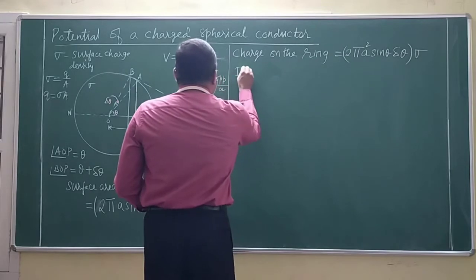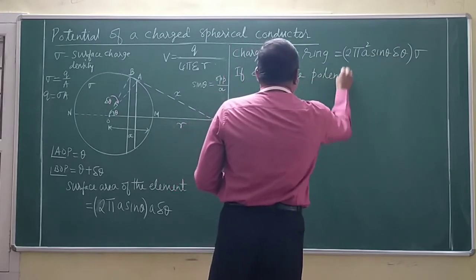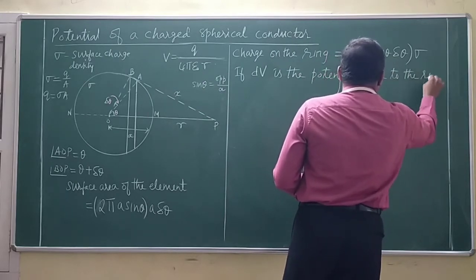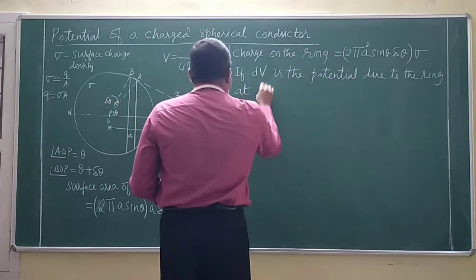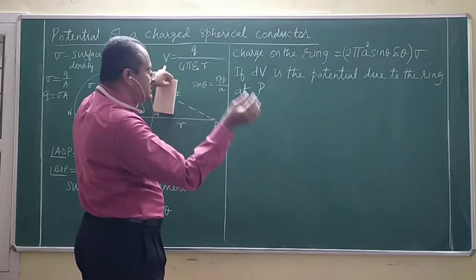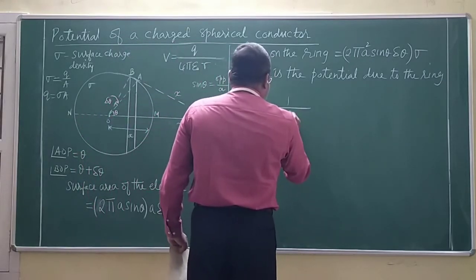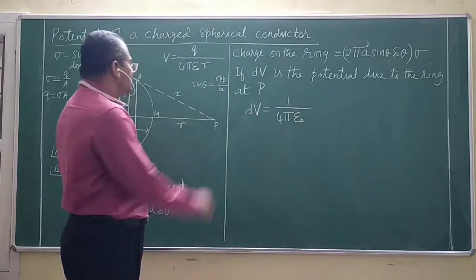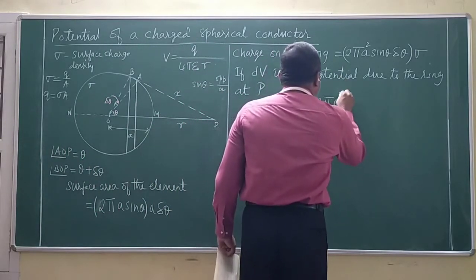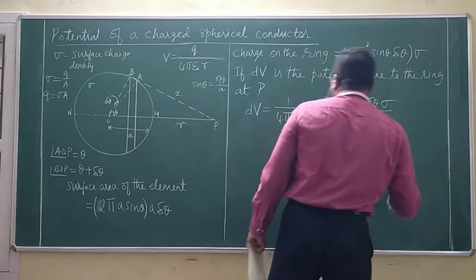Therefore I say, if dV is the potential due to the ring at P, I write dV because it is a small potential due to this element at the point P. That is 1 by 4 pi epsilon naught into Q, this is the charge, 2 pi a square sin theta del theta into sigma, upon r.